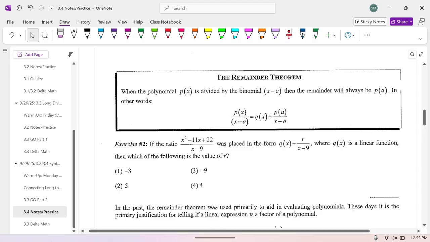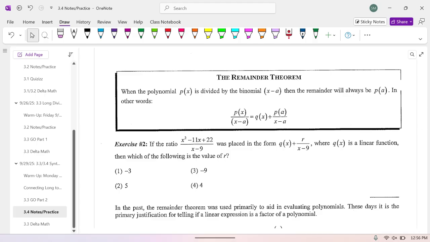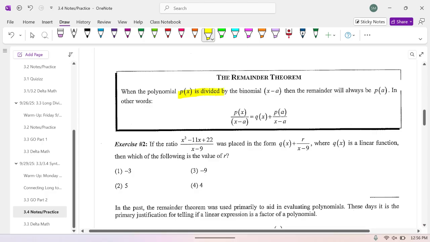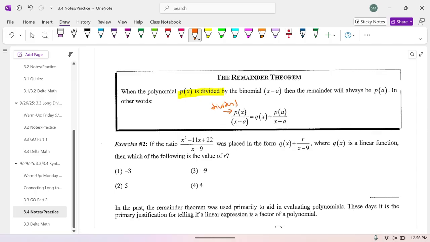And we'll do this very quickly because the remainder theorem is not very hard. All the remainder theorem states is that if you're given p of x, that's the dividend, what we're dividing into, and you divide it by some linear binomial, x minus a, where a is equal to your root, you'll get some quotient plus p of a, or p of your root.